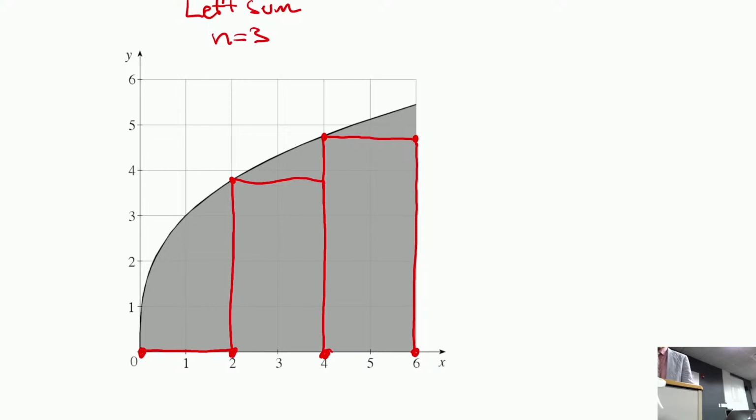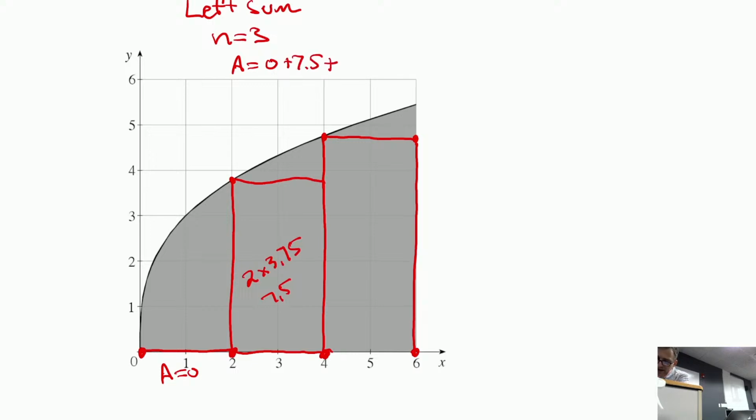So let's get some guesses for the approximations. Ethan, we already know this first one is area 0. What about the second rectangle, the one between 2 and 4? How tall did you think that was? About 3.75. Okay, so 2 times 3.75 is 7.5. Let's keep a running tally: 0 plus 7.5.